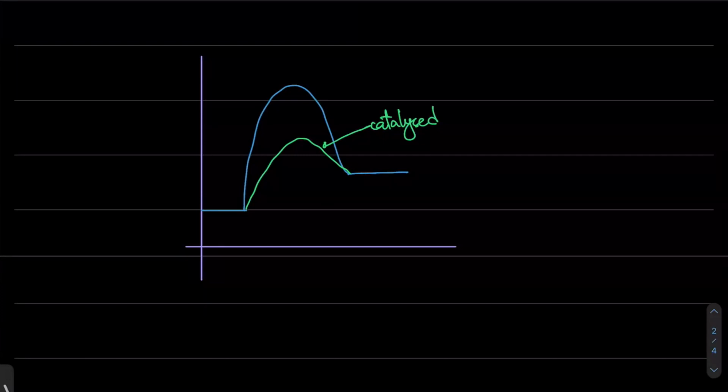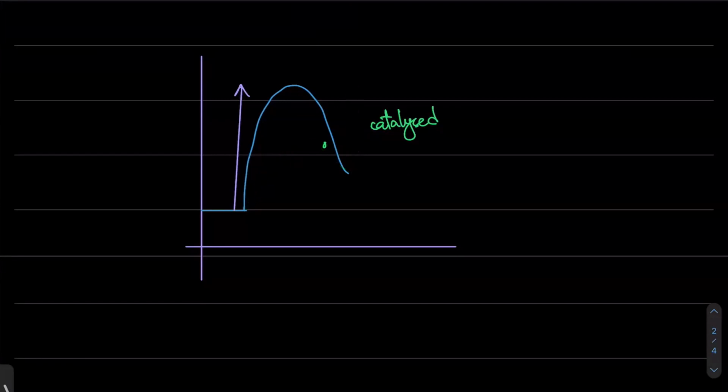When you are not using a catalyst, this is the activation energy of the forward reaction. And this is the activation energy of the backward reaction. ठीक है? This is activation energy of the forward reaction. This is activation energy of the backward reaction.